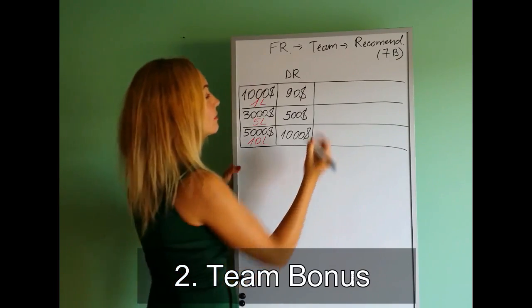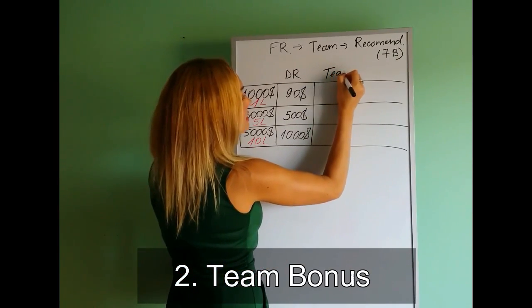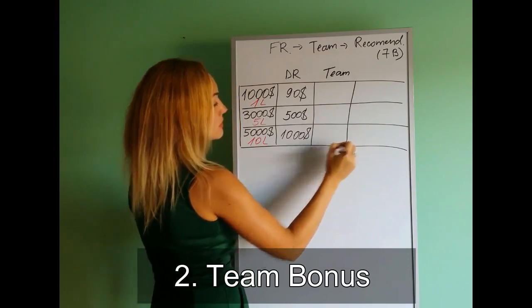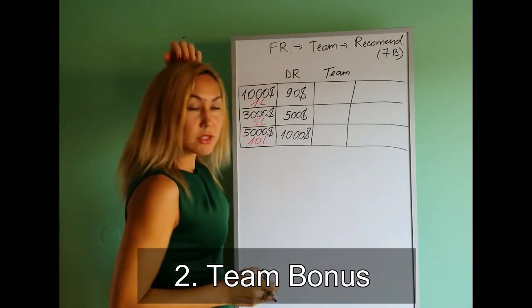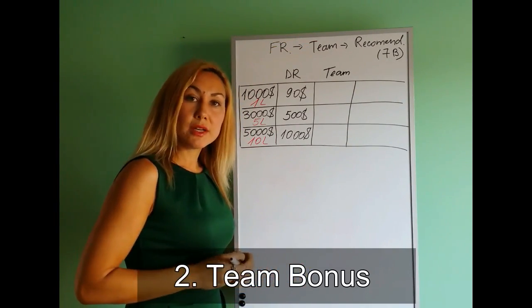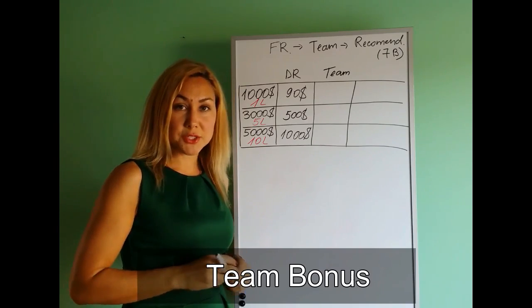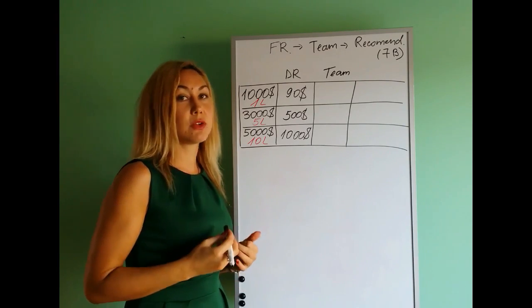Okay. The second bonus here is the team bonus, and it's actually one of the most powerful bonuses. The idea of this bonus is that I would rather receive 1% of the effort of 100 people than 100% of my sole effort.